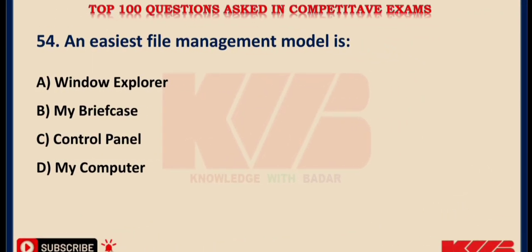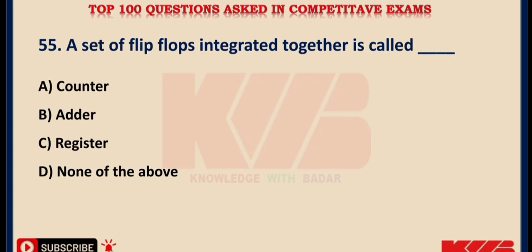Question number 54. An easiest file management model is Window Explorer, My Briefcase, Control Panel, or My Computer. And the correct answer is My Computer. The next question. A set of flip-flops integrated together is called counter, adder, register, or none of the above.